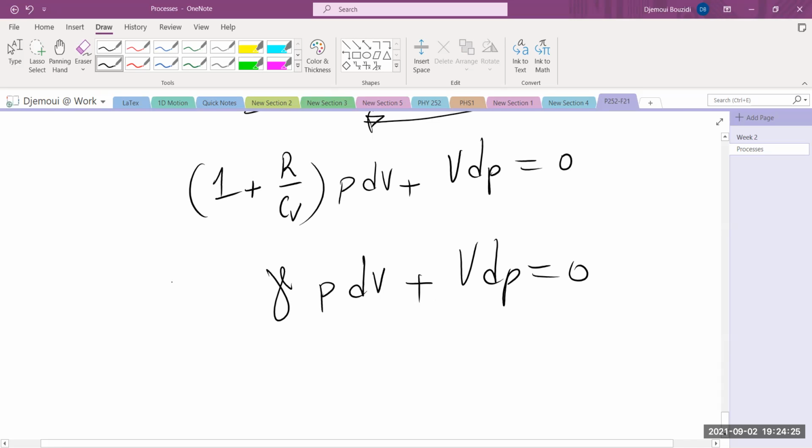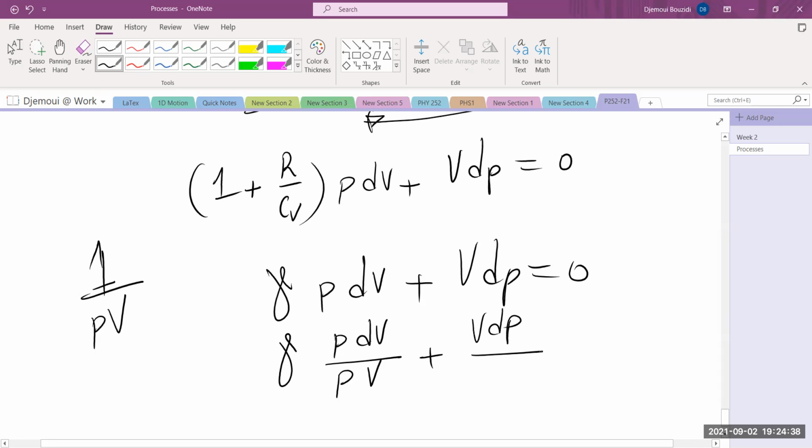For that, I need to multiply both sides by 1 over P times V. If I do that, I will have gamma times P dV over PV plus V dP over PV, obviously equal to 0. 0 over something is 0.